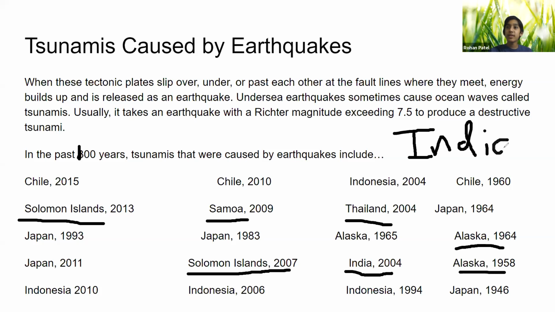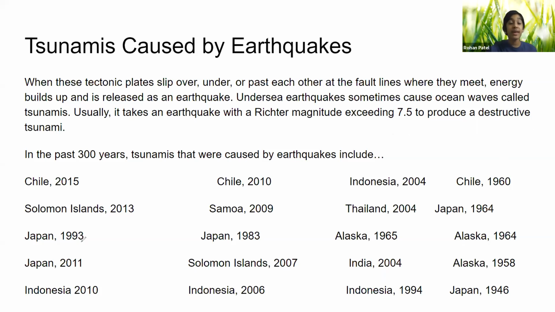So what we can see is that we can divide these by time period. Our big ones are in the 1900s. The main ones are in the 1960s and 50s, the end of the 1950s and start of the 1960s.